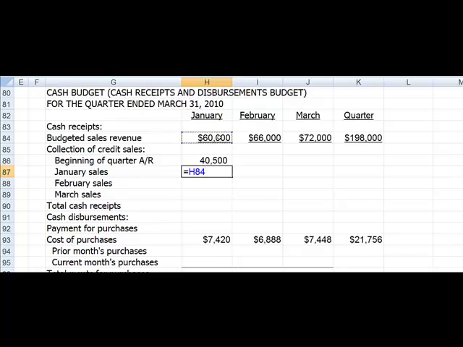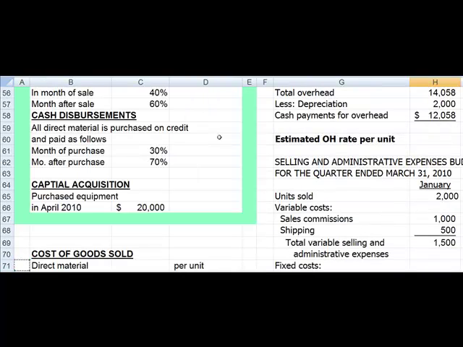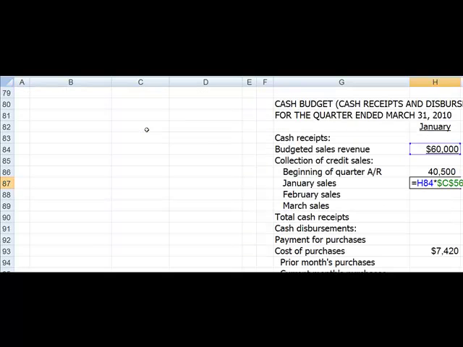So, we're going to start with that. And in January times, we're going to go back over to our assumptions, and we expect to collect 40% in the month of sale. So I'm clicking on the 40%. Remember, every time we go to the assumptions, we want to use F4 to make it an absolute cell reference.